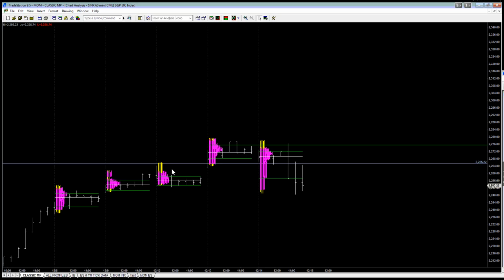And as the market is moving up here, knowing where the profile lines were on the previous days is just a critical part of the equation of knowing where the market's going to move. So, for example, if you just study the chart here, you can see that on this particular day, the 12th, the market moved down to the POC of the previous day.